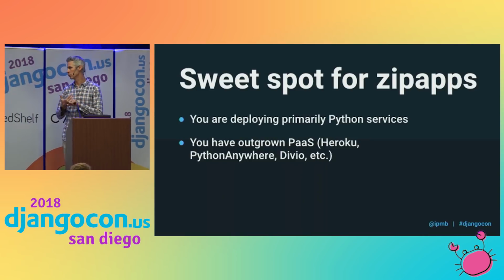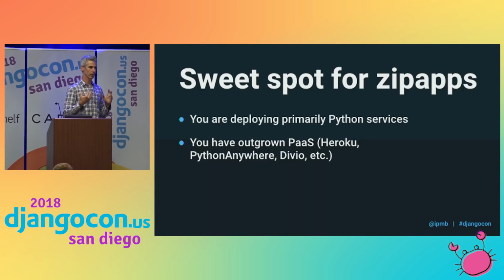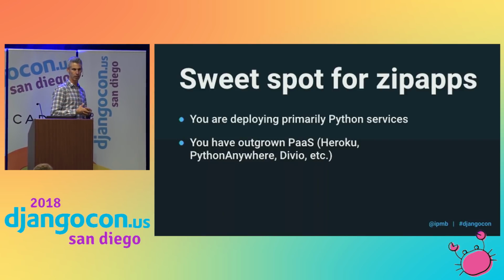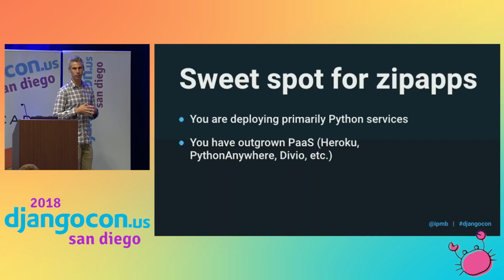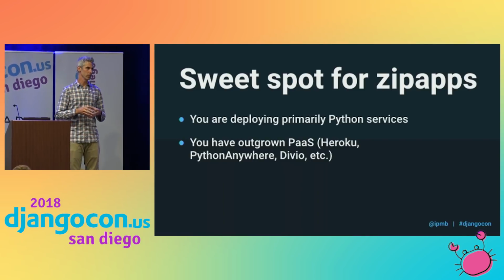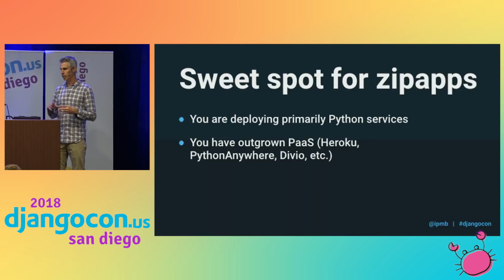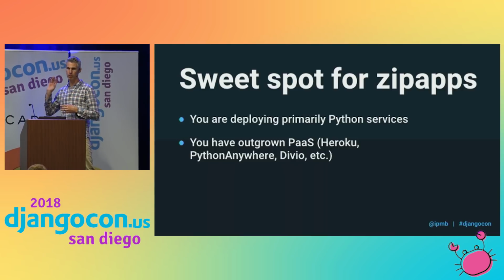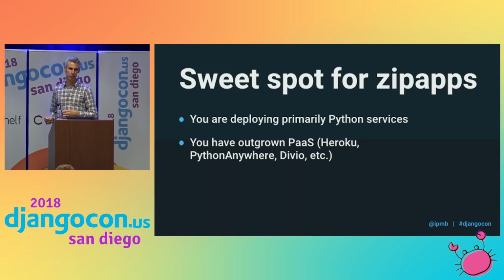I'm a huge fan of platform as a service, things like Heroku, Python Anywhere, all these options out there. It should be where you're starting when you're looking to deploy stuff, unless you're super interested in learning these things. With these tools, you don't have to worry about it, they deal with it for you. But people tend to outgrow them.